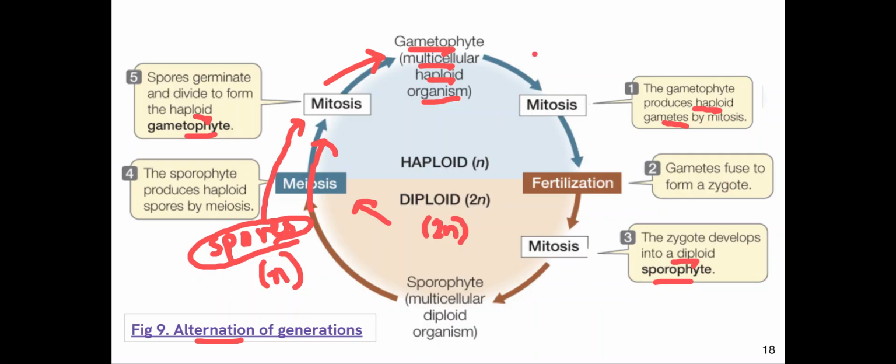The spores germinate to give rise to a new gametophytic organism. This gametophytic organism by mitosis produces many gametes. These gametes fuse to form the diploid organism once again. This concept is known as the alternation of generations, and we will be studying this as well in detail.